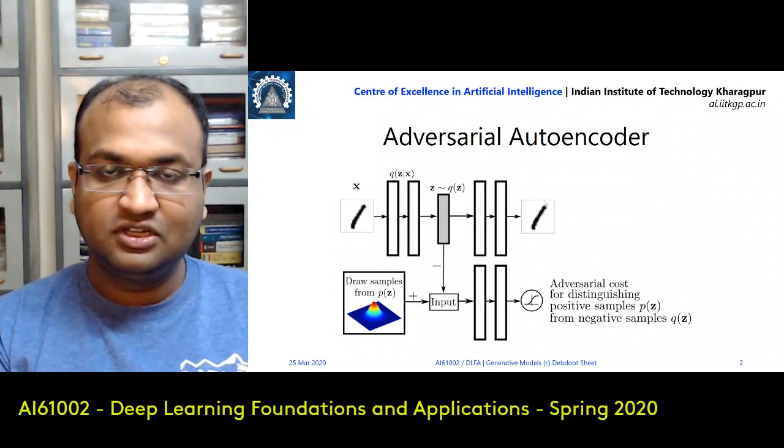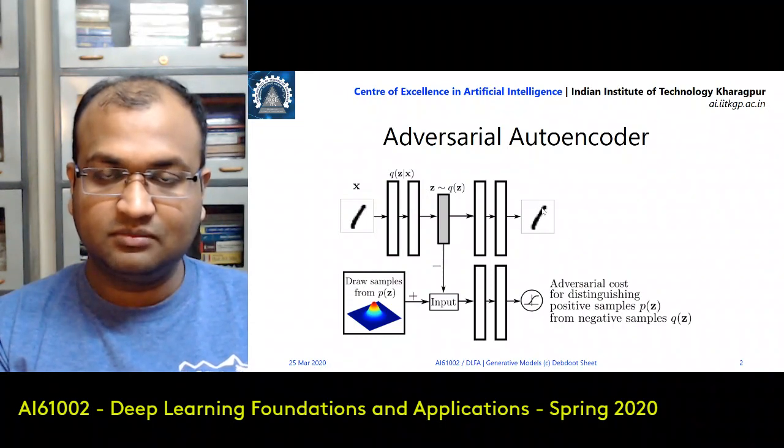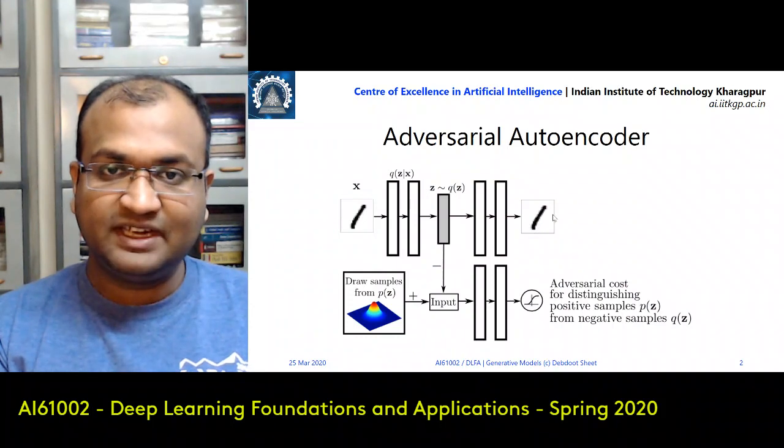Just look at my screen, so you will be able to see. Then it will produce X hat, which very closely resembles X or is very realistic. What that means is that I need to produce QZ which is very similar to PZ.